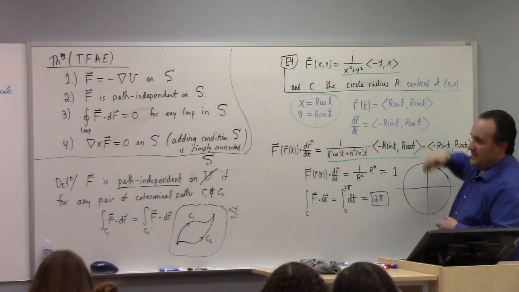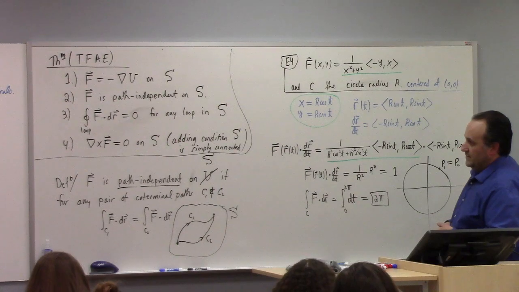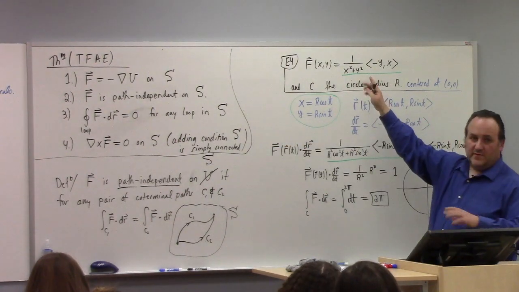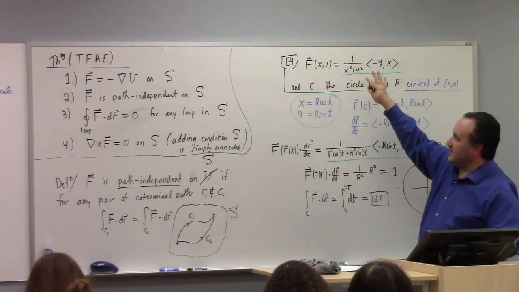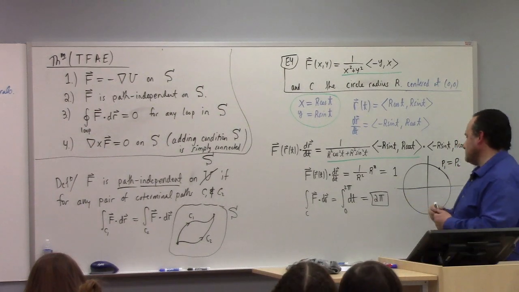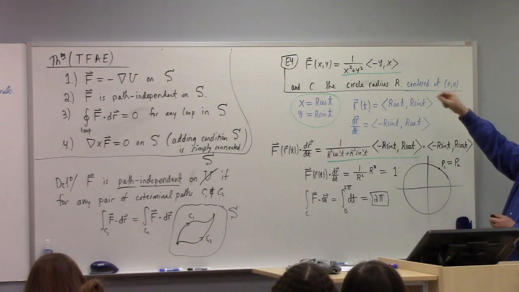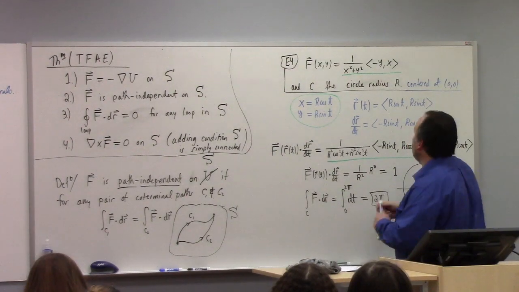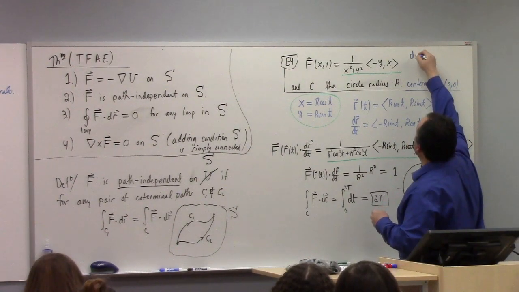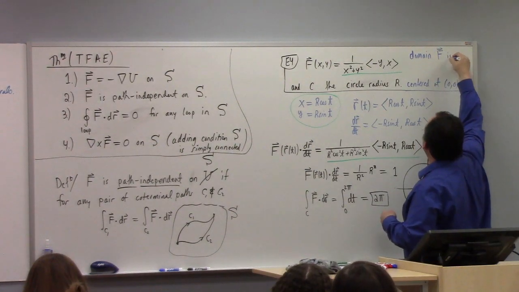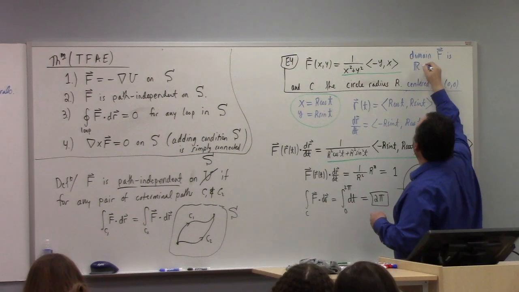What's interesting about this one is that the curl of this is actually 0, but the tricky part here is what's the domain of this vector field? Like example 4, what's the domain of that vector field? It's the whole plane, right?